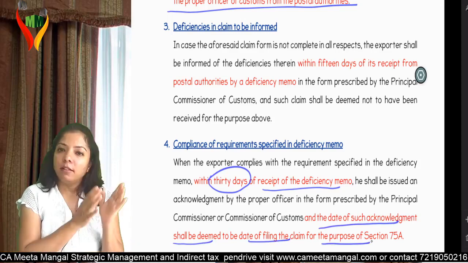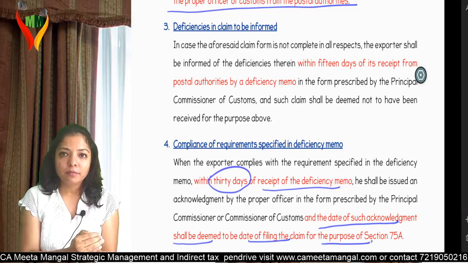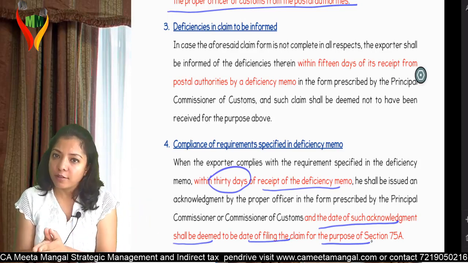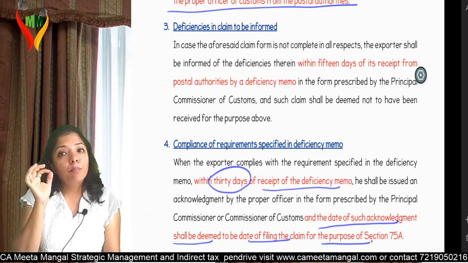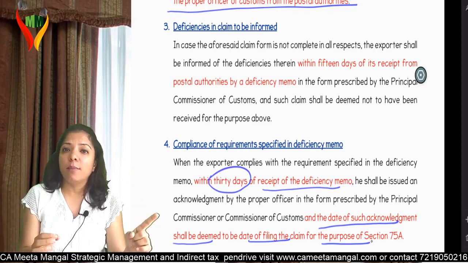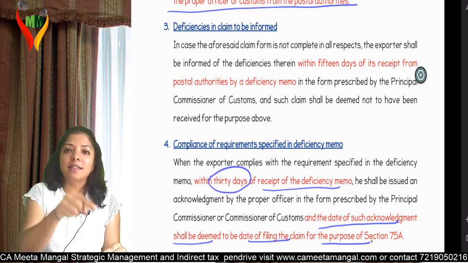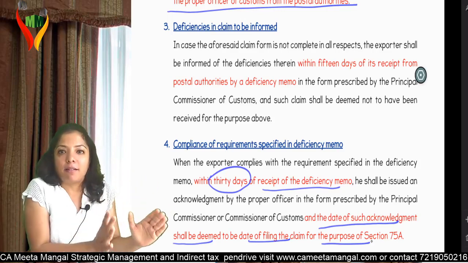In the first scenario, I have given the claim copy to the postal department, and the postal department will give the claim copy to the proper officer. If everything is correct, the day the postal department gives the claim copy to the proper officer will be considered the date of claim for section 75A, generally.